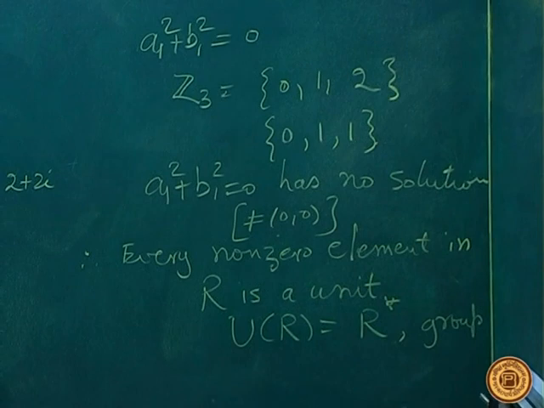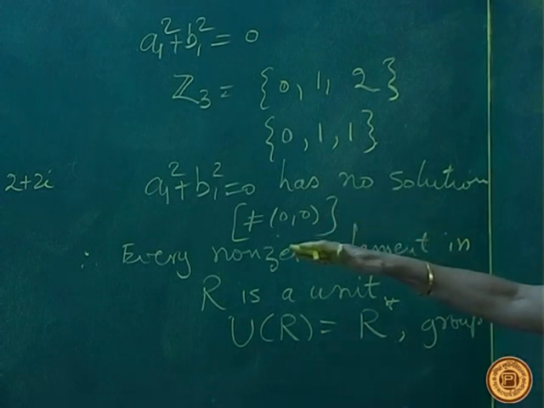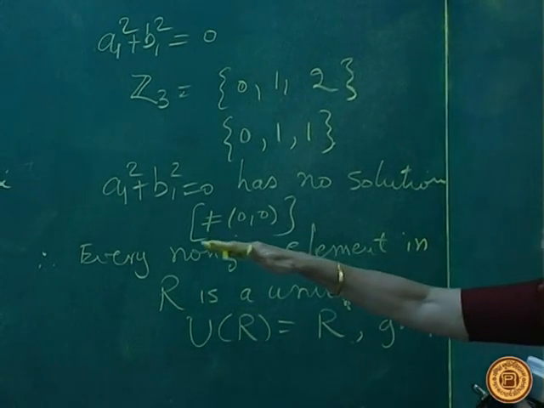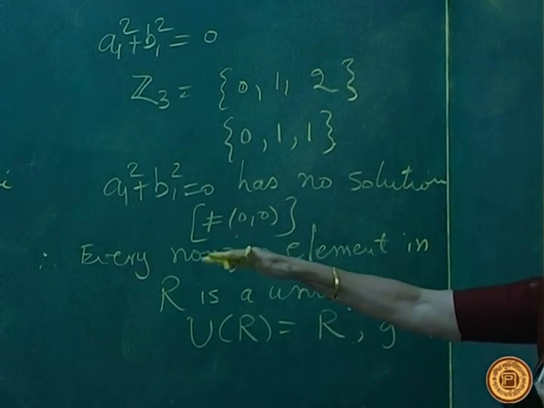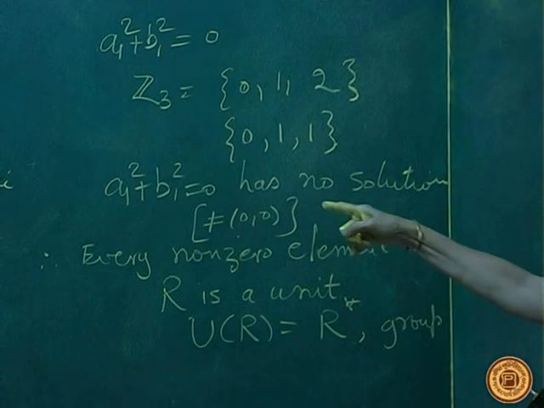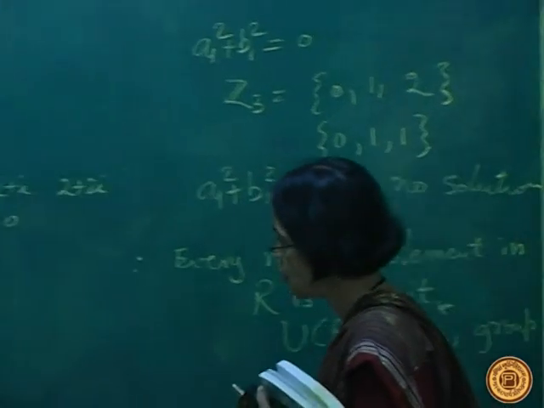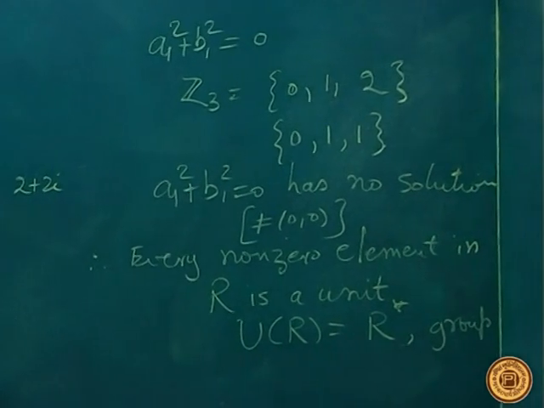Now I need to find the structure of this group of units and find out whether it is like Z8, that is a cyclic group of order 8, or it is Z4 plus Z2 or Z2 plus Z2 plus Z2. I have already written down all the elements there. So I can check the order of different elements and find out what is happening.